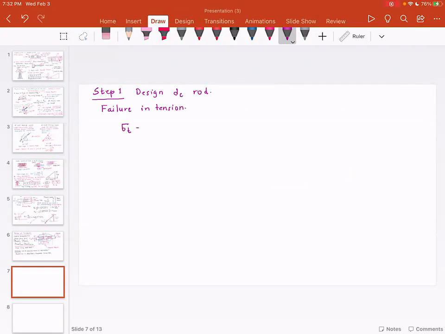Sigma T is equal to P divided by A, where A is pi by 4 dc square. And from this, we should be able to find out the value of the core diameter.